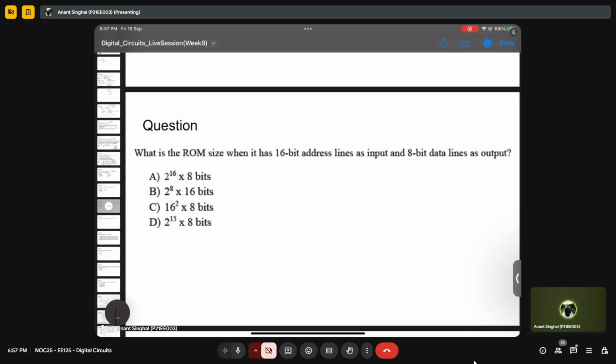This is again a simple problem. I think we have just done that 2 raised to p cross m problem, if you remember. It says what is the ROM size when it has 16-bit address lines as input and 8-bit data lines as output. You just need to replace M and N and you'll be able to get the answer. Please let me know in the chat box quickly.